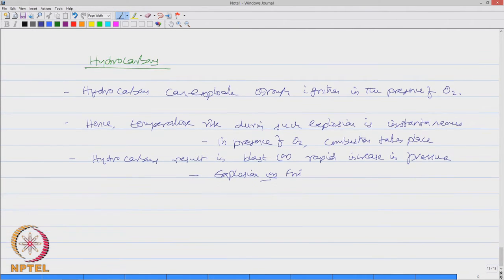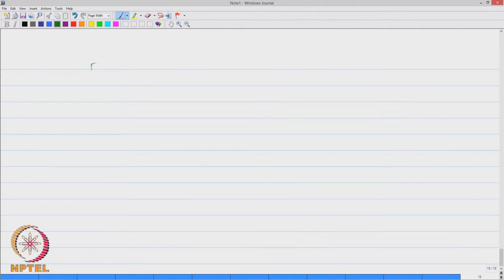So, therefore, let us now try to understand the characteristics of fire.